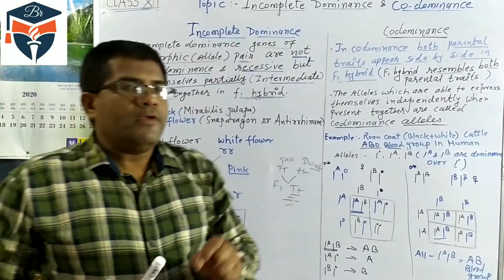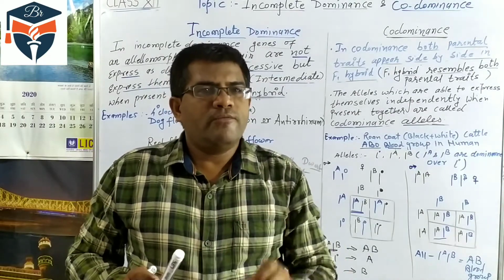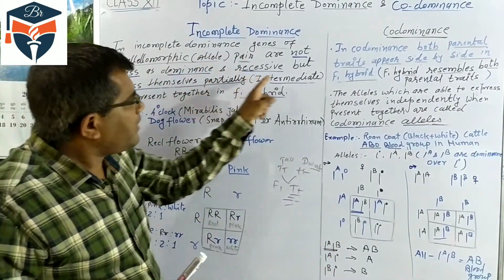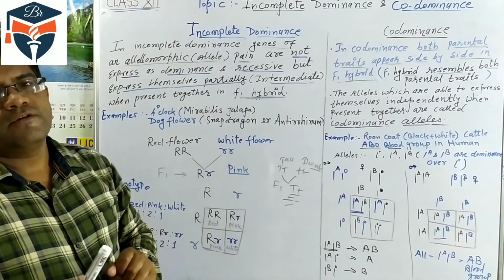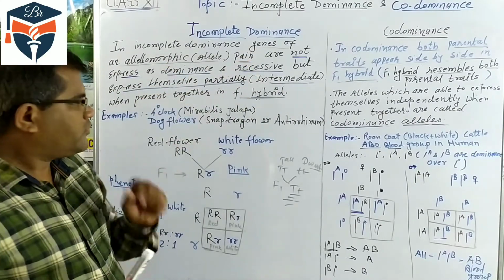Again remember, incomplete dominance is a phenomenon in which a partial or intermediate progeny is obtained. It is not like the dominant and it is not like the recessive.